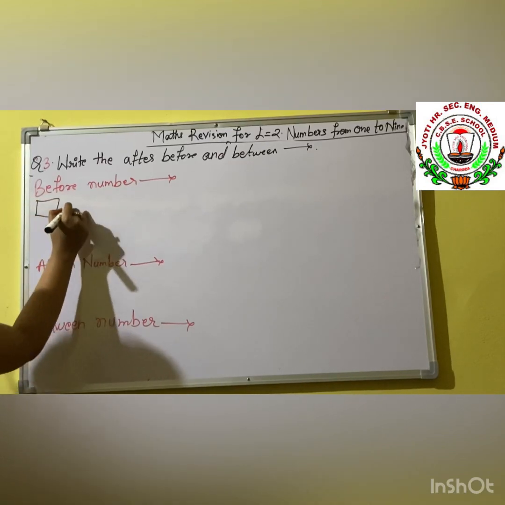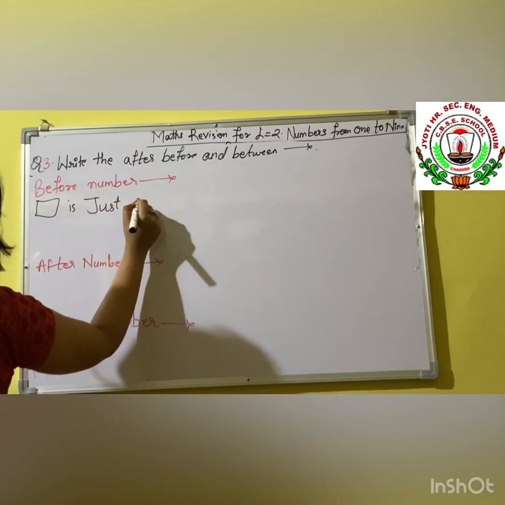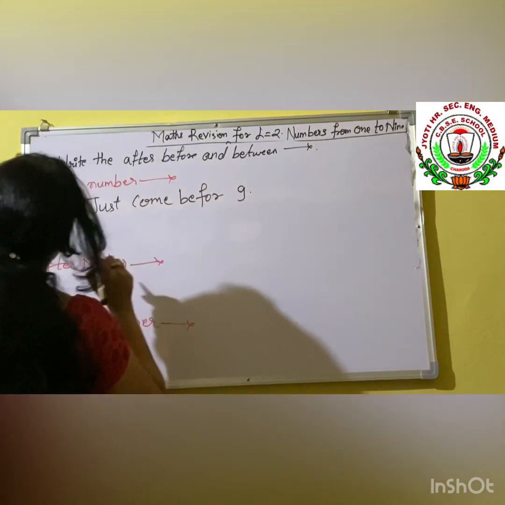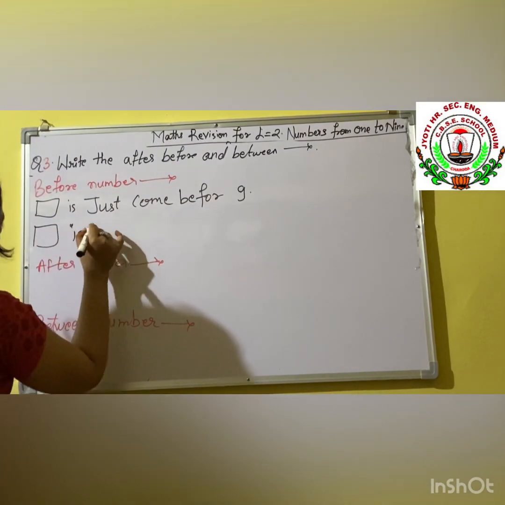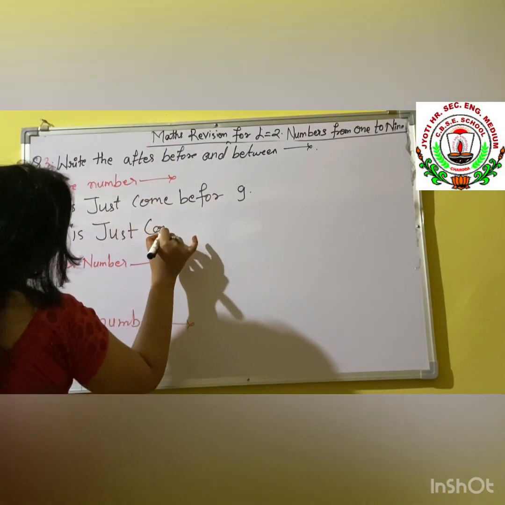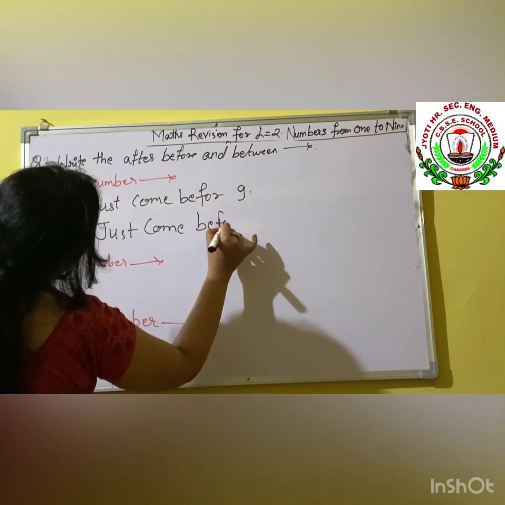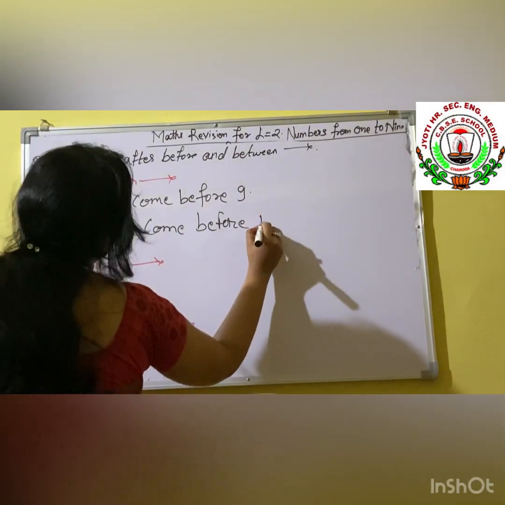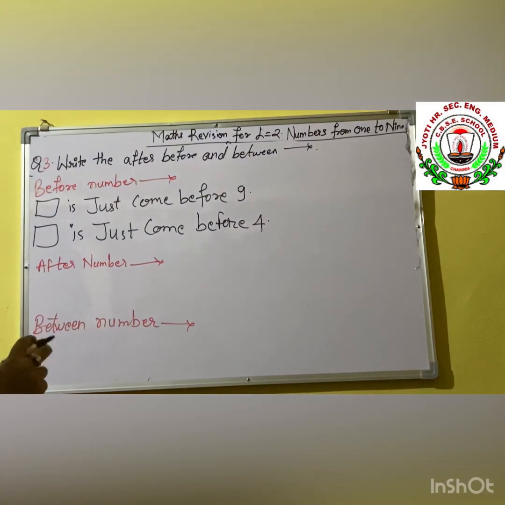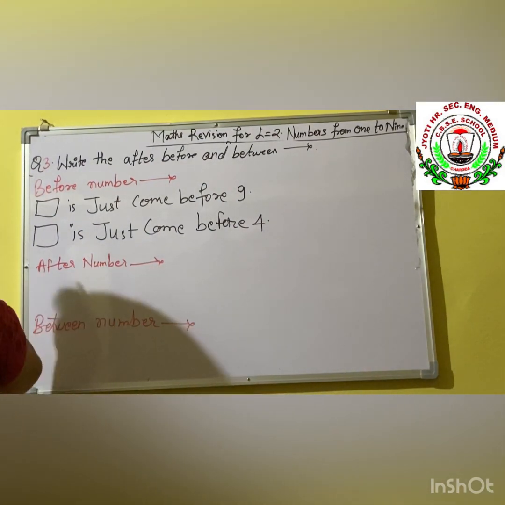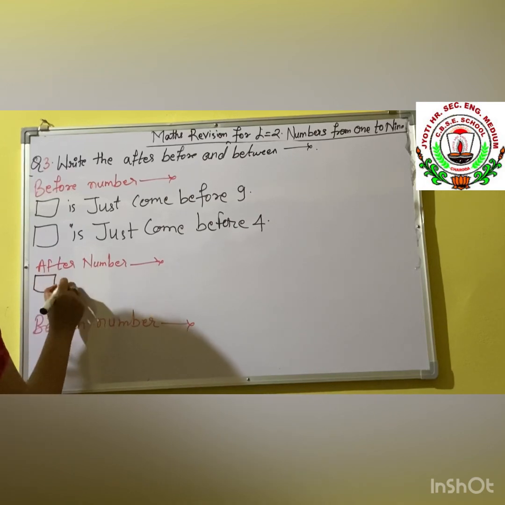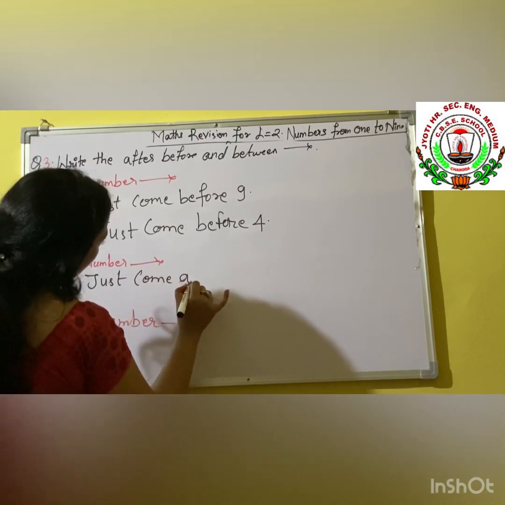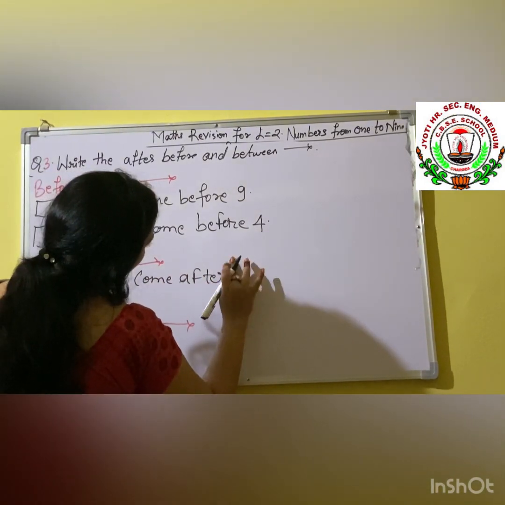First we will take the example of before number. Dash just comes before 9. Dash just comes before 4. Like this only we can write. Dash just comes after 6.